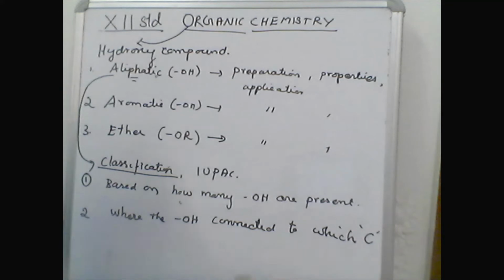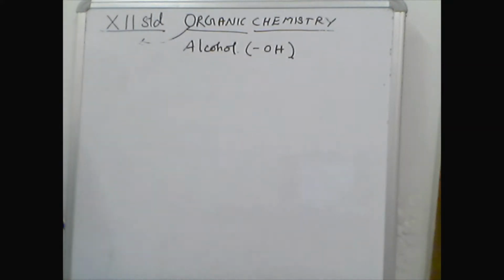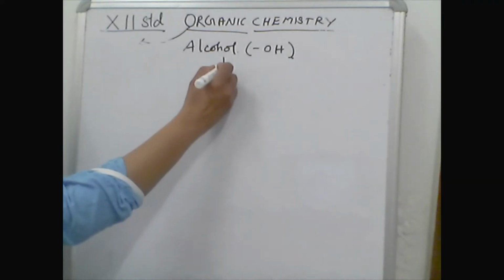We have three types of carbon: sp3, sp2, and sp. First we will see the division based on the number of OH groups present in the compound.